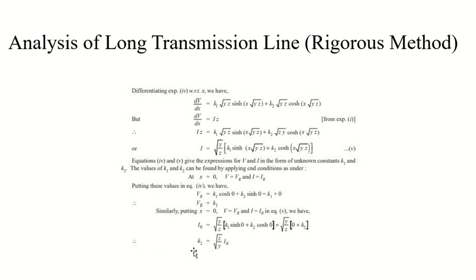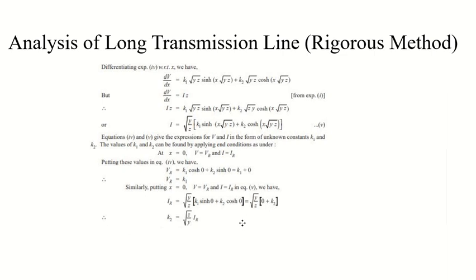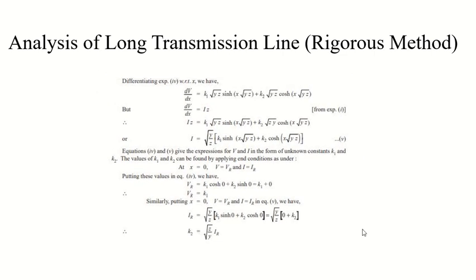We find IR equals under root of y by z into k1 sinh 0 plus k2 cosh 0. Since sinh 0 is 0 and cosh 0 is 1, we are left with under root of y by z times k2, which equals IR. So k2 is equal to under root of z by y into IR, because we are sending y by z to the other side.